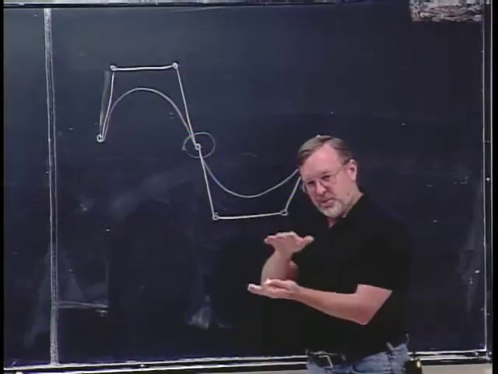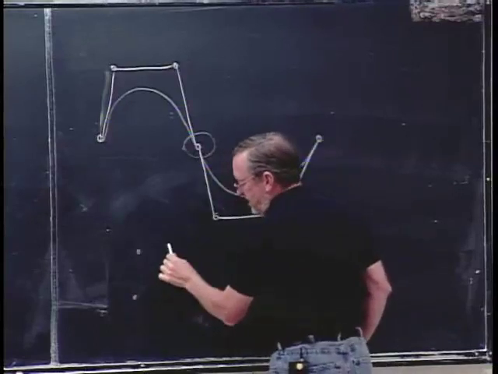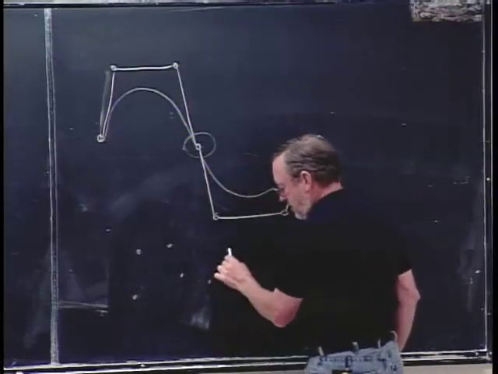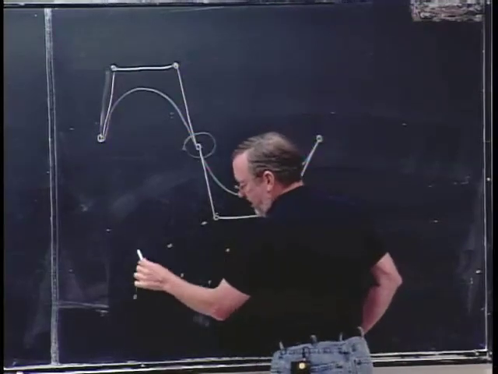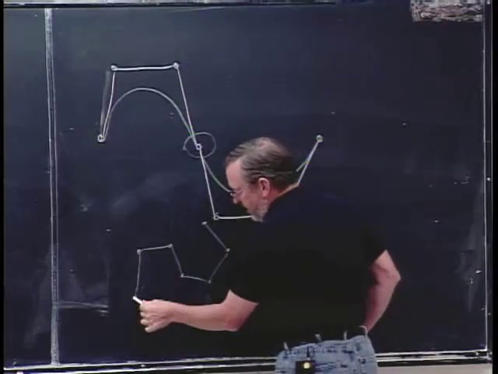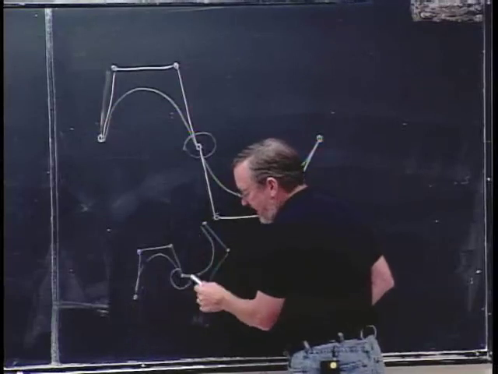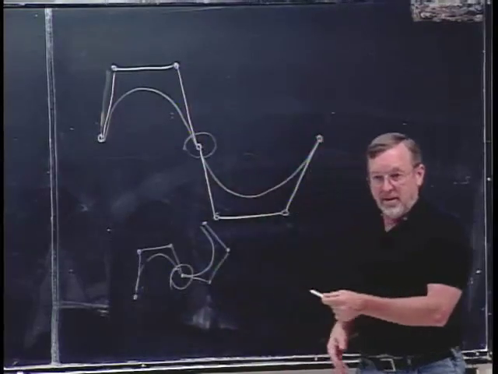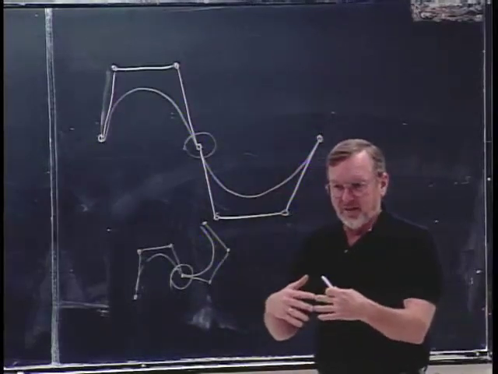Okay, you want a kind of a smooth join here. If you have this case, like this, here you have this one, and then you have this one. At this point, you're going to have one curve going this way, and you're going to have one going this way, and you're going to have a cusp here, right? You're going to have a cusp. Cusps don't look good on smooth things, right?